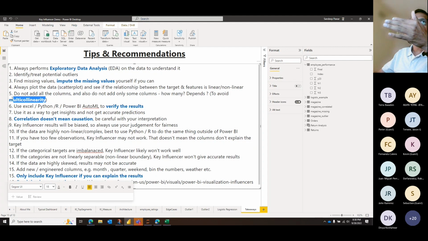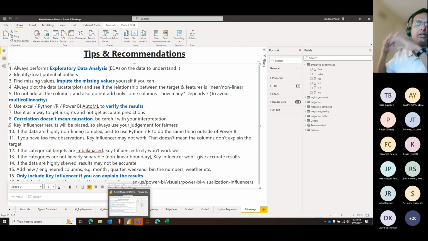If you spend a little bit of time going through the statistics, it might help you even more. If you know how to do it, use Python or R. If it is just linear regression, then definitely use Excel. And then keep in mind that correlation doesn't mean causation. If something is shown here, it doesn't necessarily mean that it is causing that, right? So just keep that in mind.